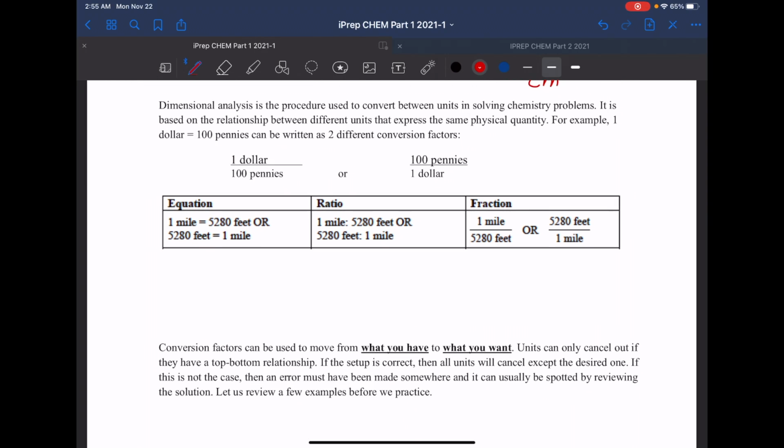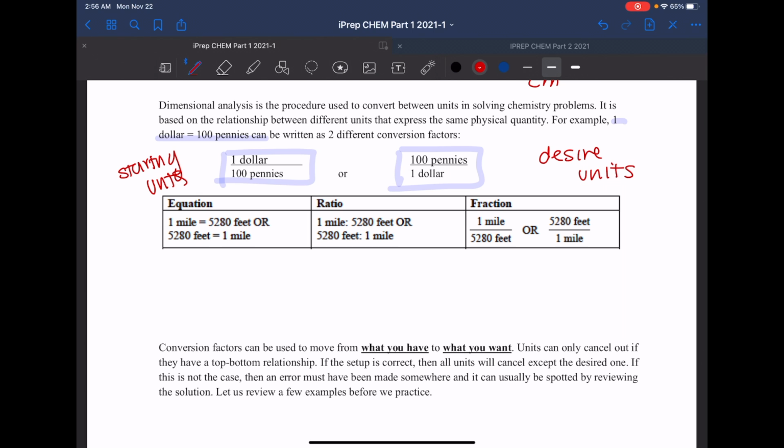Here, all we're telling you is that we know that $1 equals 1,000 pennies, but it can be written in 2 different fractions. The reason why it can be written with the dollar on top and pennies on bottom, and pennies on top and dollars on bottom, is because it depends on what our starting unit is, and then the desired unit at the end.